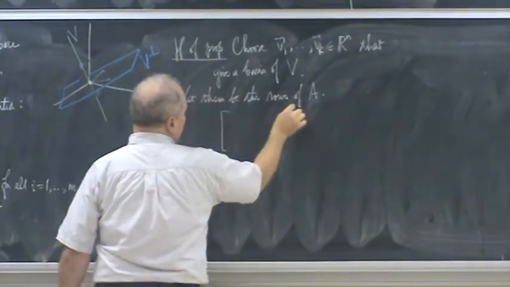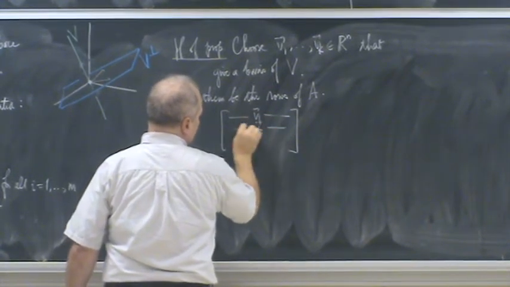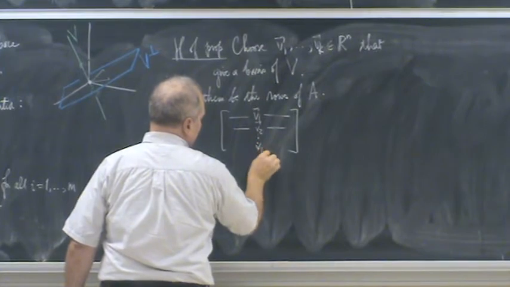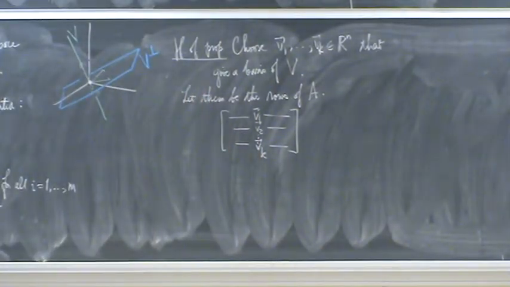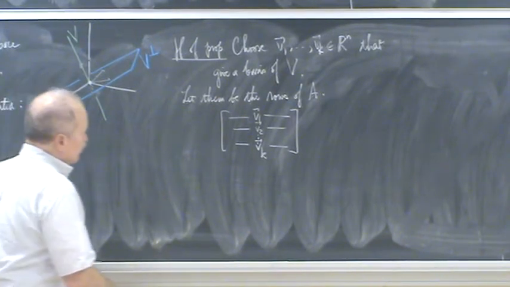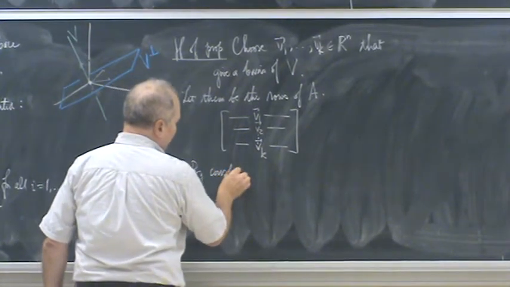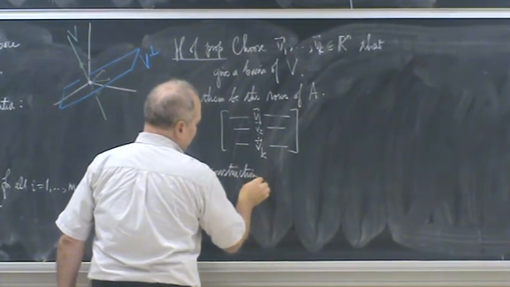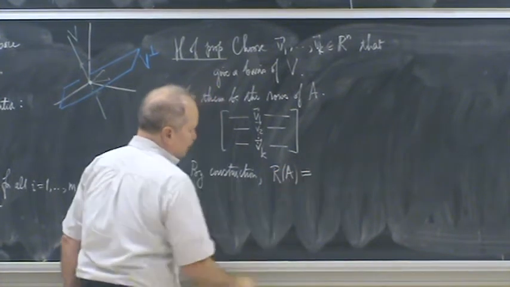So here's my A, and I put my vectors in sideways. Well, what do we know? What's the row space by construction? The row space of A is what? V.